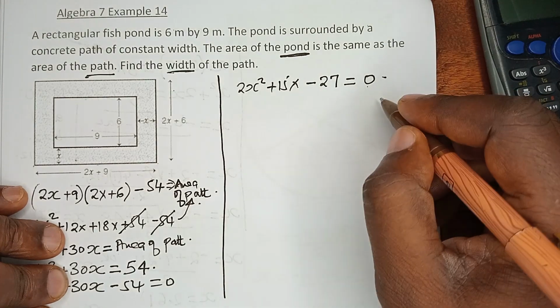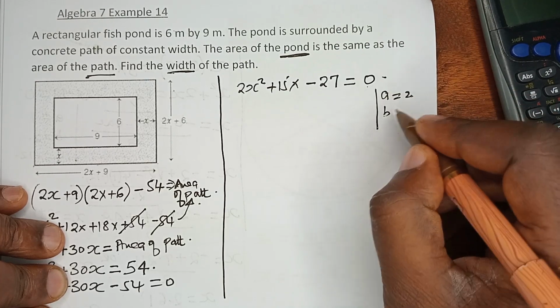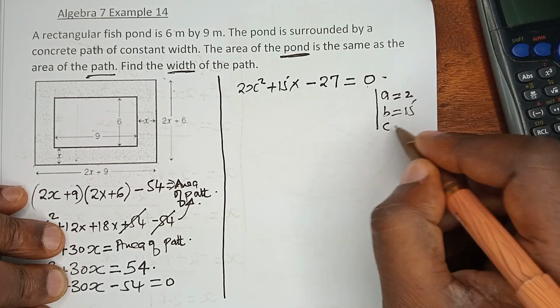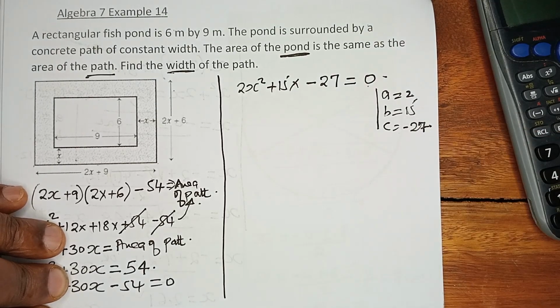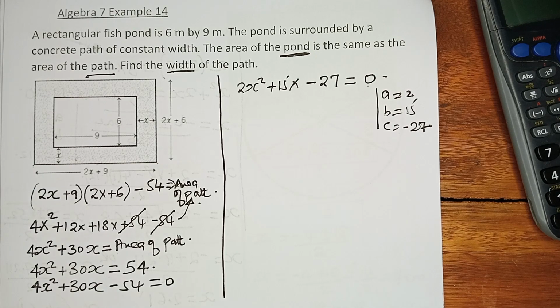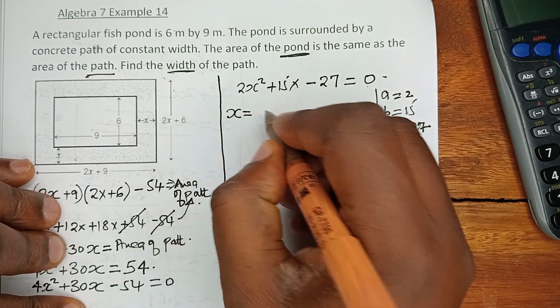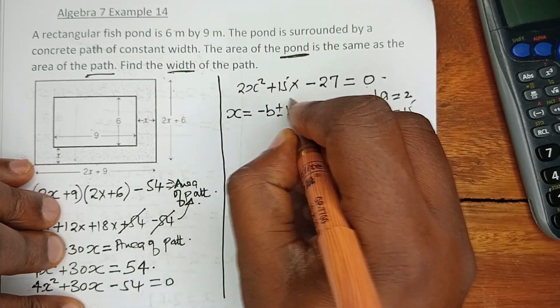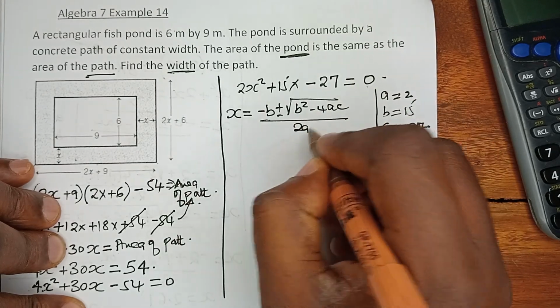So at this particular point, we have a equals 2, b is 15, and c is minus 27. Therefore, x is equal to minus b plus or minus the square root of b squared minus 4ac, everything over 2a.